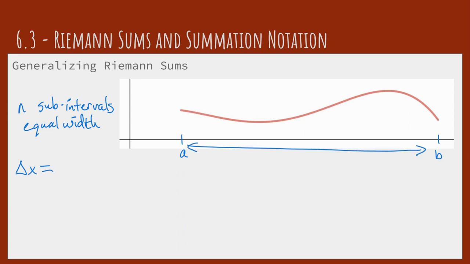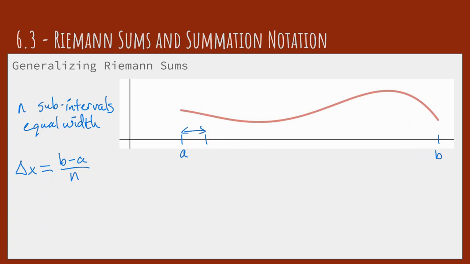That width right there is going to be b minus a. And then if we want to divide it into n equal subintervals, we take the width of the entire interval and divide it by n.